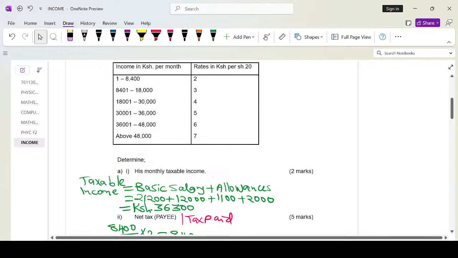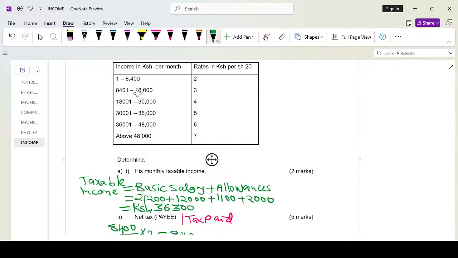In the next slab, how do you get the value? You simply take 18,000 minus 8,400, and you get 9,600.